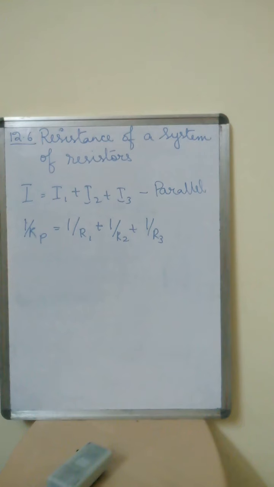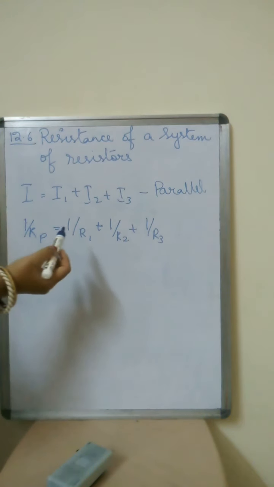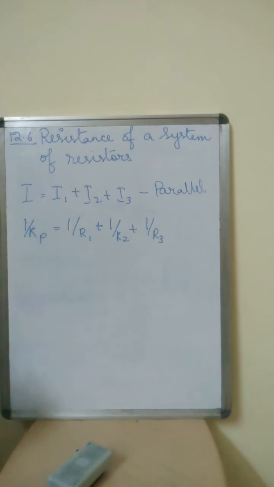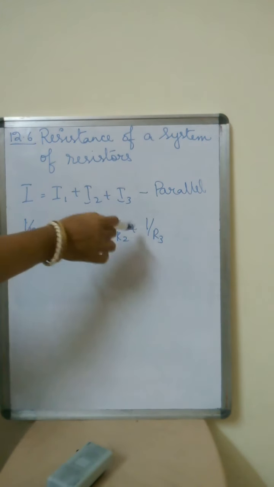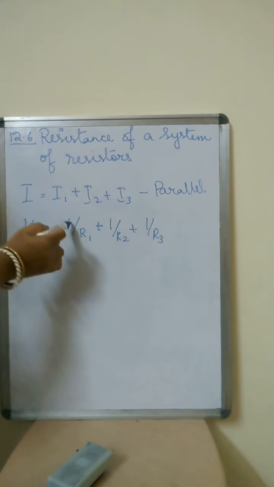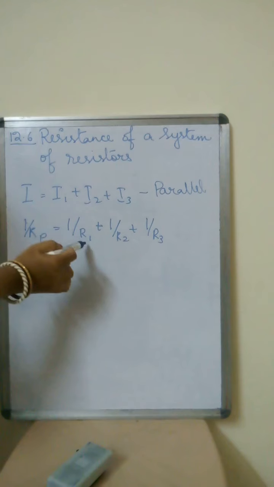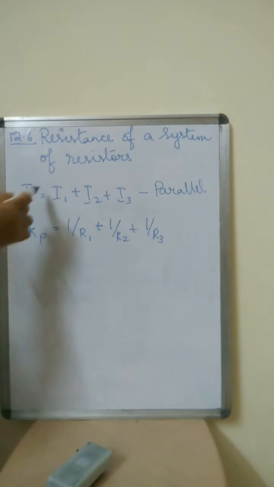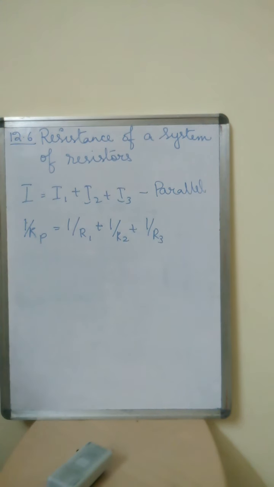The reciprocal of the equivalent resistance of a group of resistances joined in parallel is equal to the sum of the reciprocals of the individual resistances. Reciprocal means 1 by R1, 1 by R2, 1 by R3. So this happens when the resistors are joined in a parallel system.